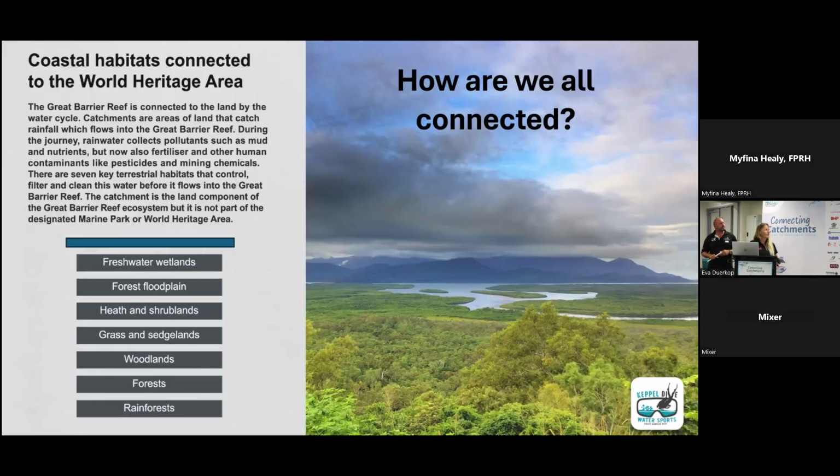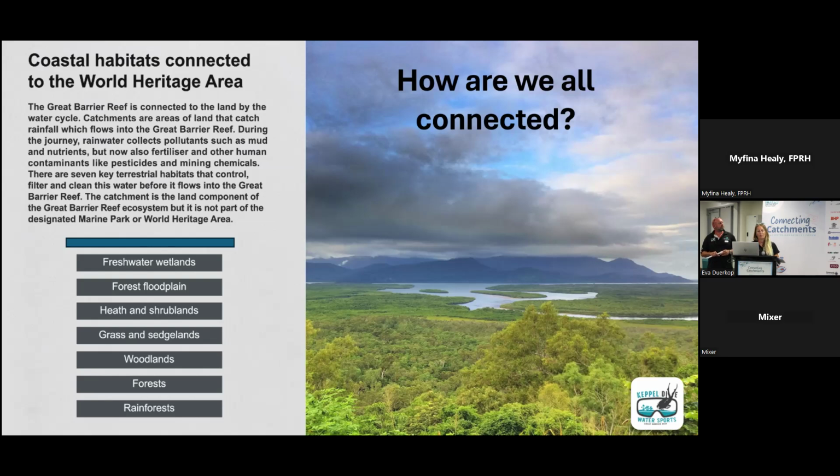So how is this all connected? The Great Barrier Reef is connected to the land by the water cycle. Catchments are from the land area, rainfall which flows into the Great Barrier Reef. On the journey, rainwater collects pollutants such as mud and nutrients, as we've all been speaking about this morning, and now fertilizer and other human contaminants like pesticides and mining chemicals.